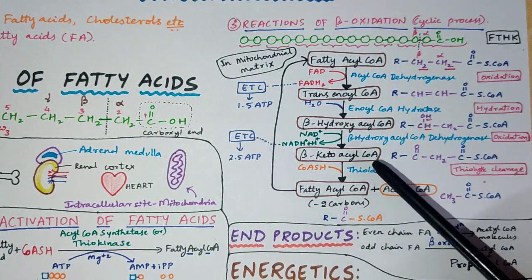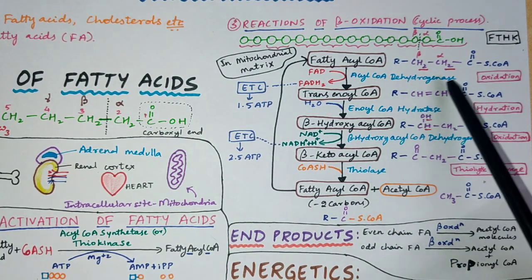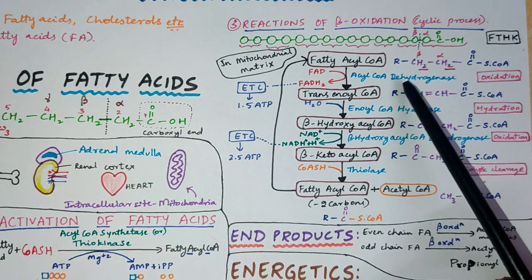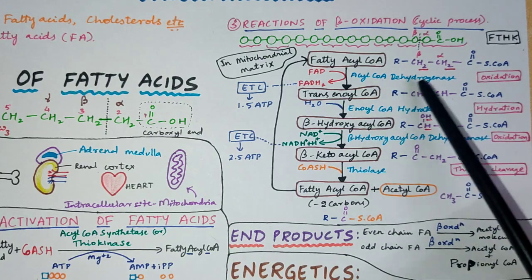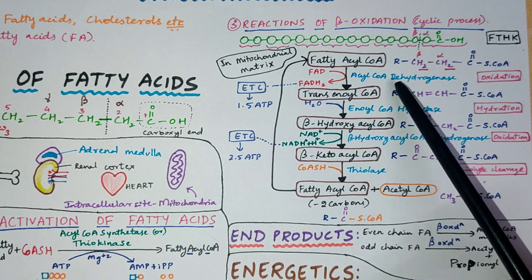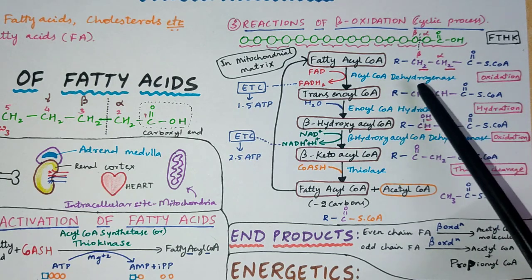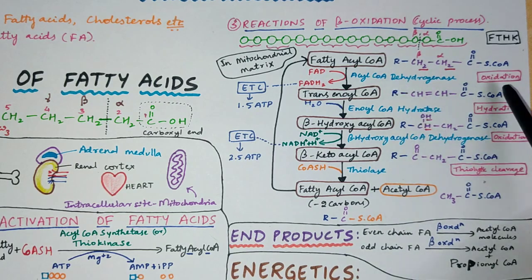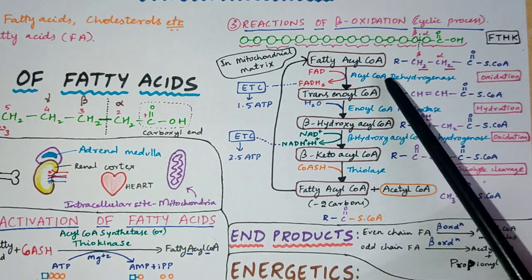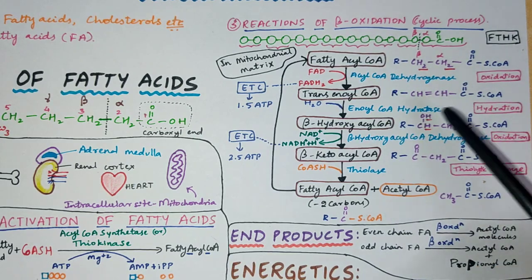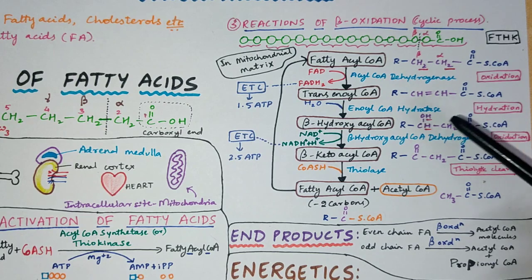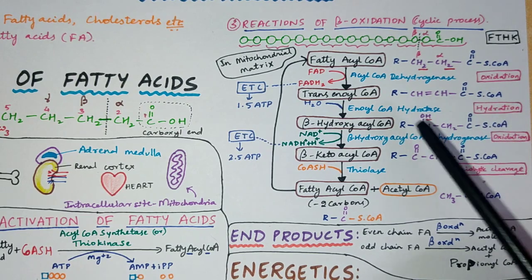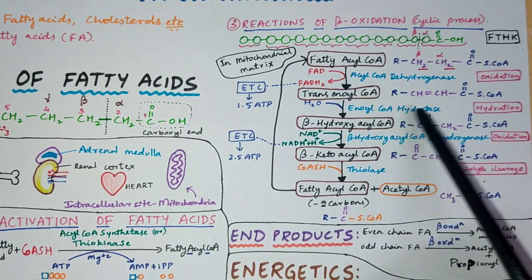So let us look at the enzymes here. The first enzyme is acyl-CoA dehydrogenase, as hydrogens are removed. So dehydrogenase enzyme acts here in the first step of oxidation. In the second step, that is hydration, the enzyme is enoyl-CoA hydratase.